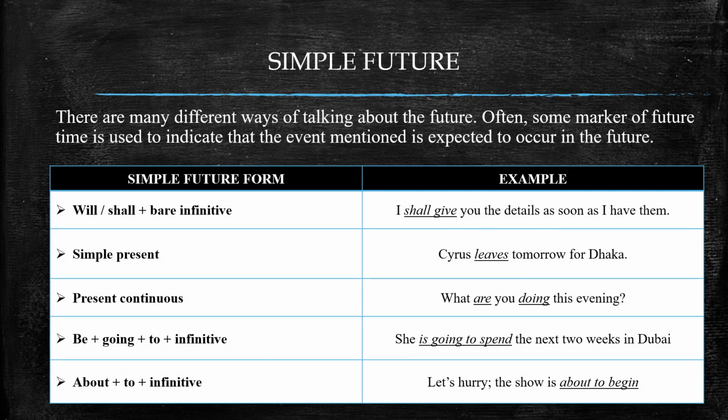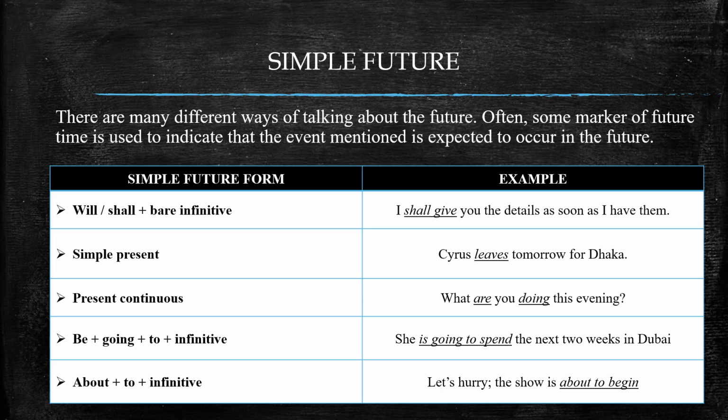Simple future. There are many different ways of talking about the future. Often, some marker of future time is used to indicate that the event mentioned is expected to occur in the future. In the below table, we see some forms of the simple future tense along with the examples.